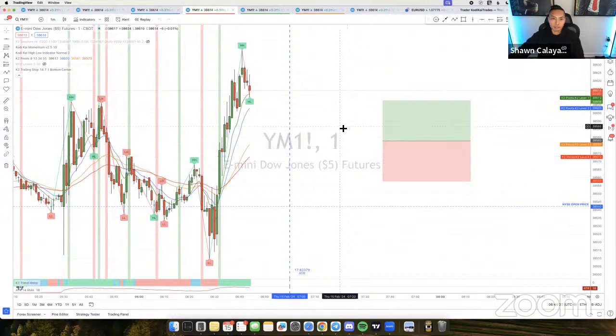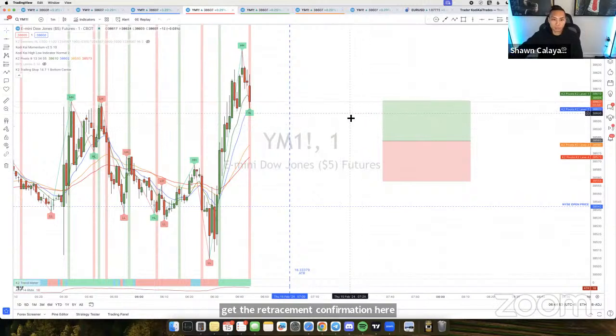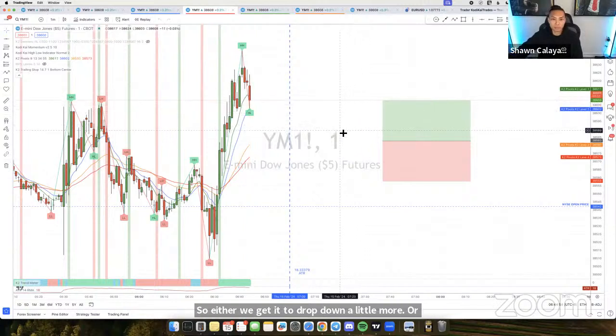There's no confirmation yet. Basically, I need to see this with a decently sized wick on the bottom, basically pushing away from the pivot in order for me to get the retracement confirmation here. So either we get it to drop down a little more or it pushes up and we get that wick rejection off the pivot.